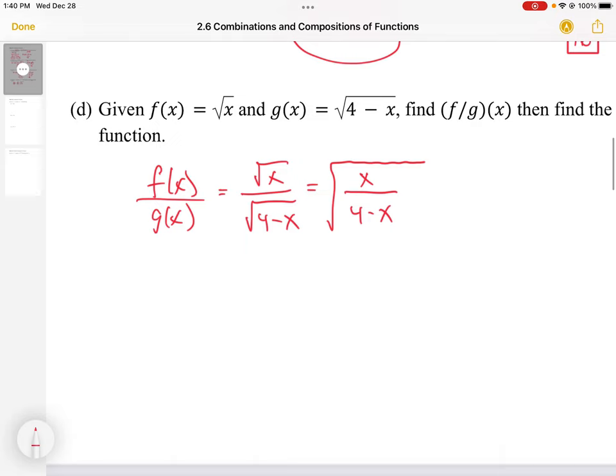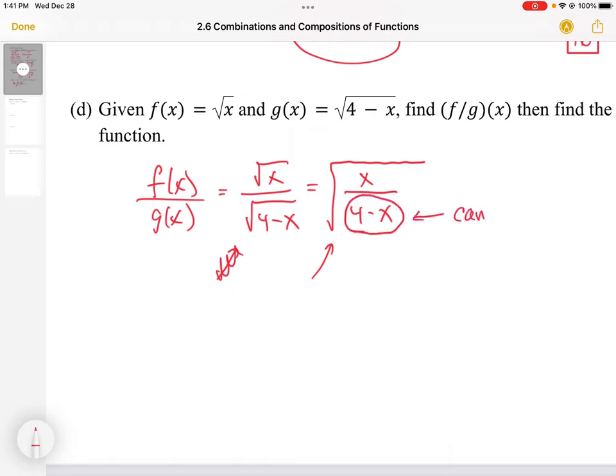Now, part D, because we're dividing, we have to look for restrictions. We'll look at the final step since that's where I left off. So we have a fraction inside a radical. So we have to make sure that the denominator does not equal 0, right?